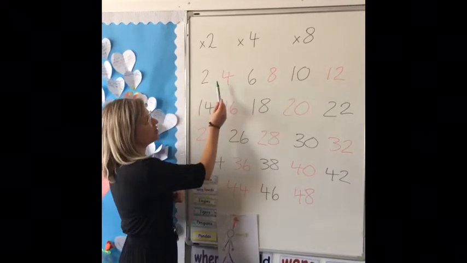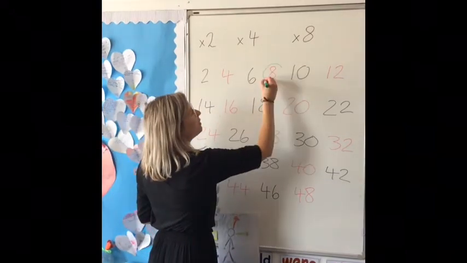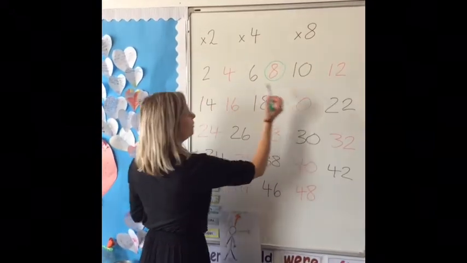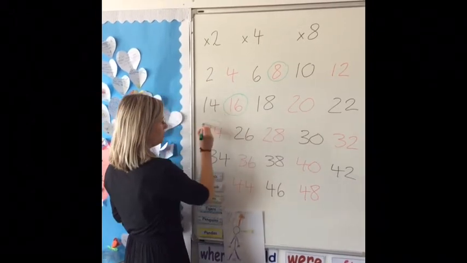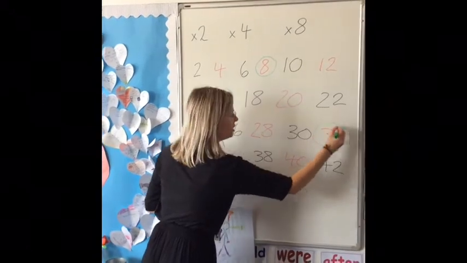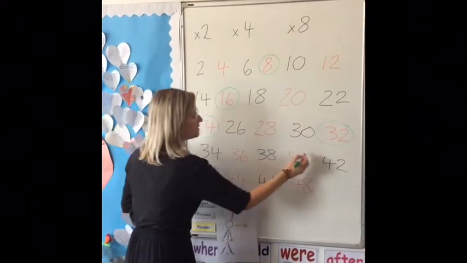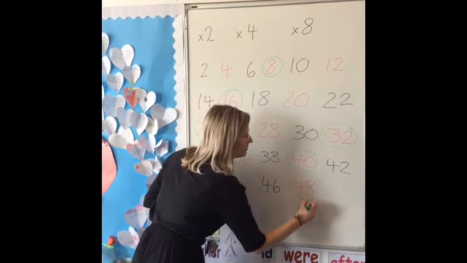But this time we are going to circle every other number in our 4s. So we've got 4, 8, 12, 16, 20, 24, 28, 32, 36, 40, 44 and 48.